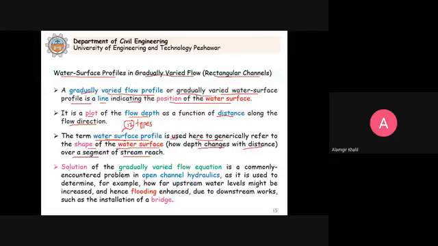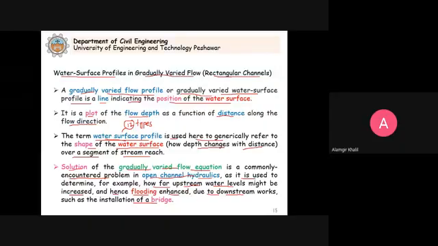Solution of the gradually varied flow equation is a commonly encountered problem in open channel hydraulics, as it is used to determine, for example, how far upstream water levels might be increased and hence flooding enhanced due to downstream works such as installation of a bridge, dam, weir, etc. Hydraulic structures, dams, weirs, etc. Similarly, you construct a bridge.